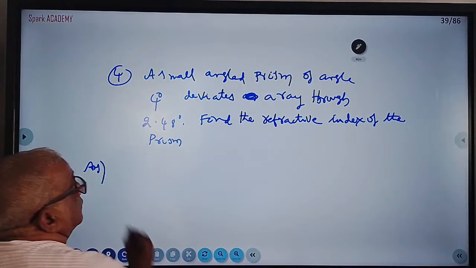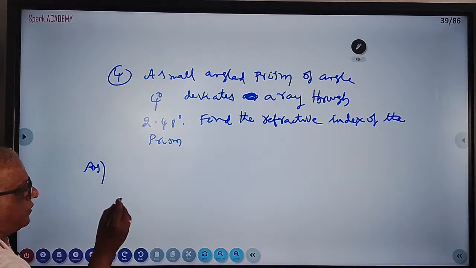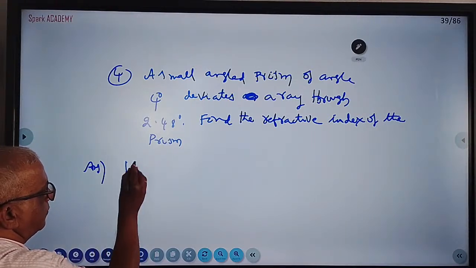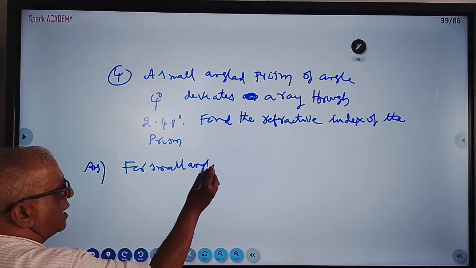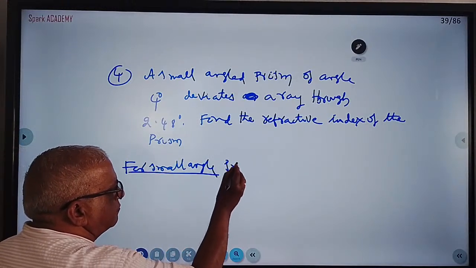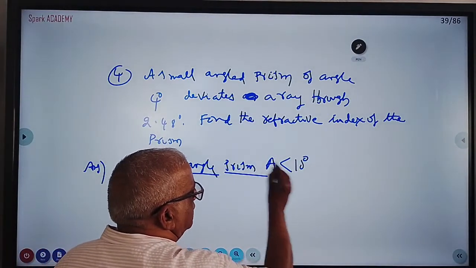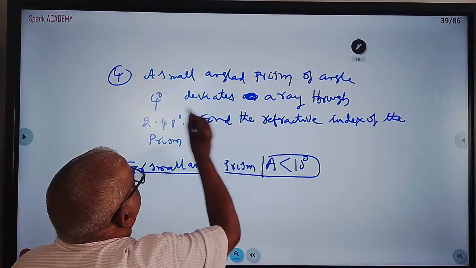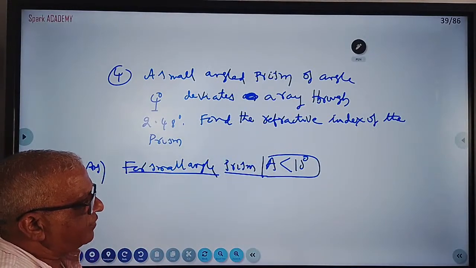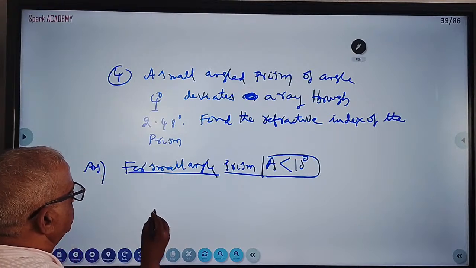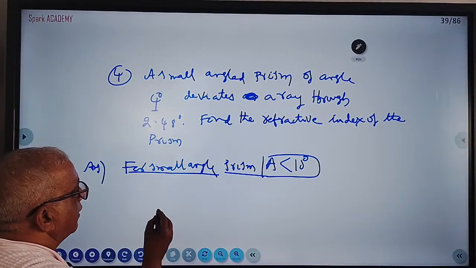Answer. This is a problem for a small angle prism. For a small angle prism, A is less than 10 degrees. Here A is 4 degrees. In this case, I want to find the refractive index. So what is the formula?